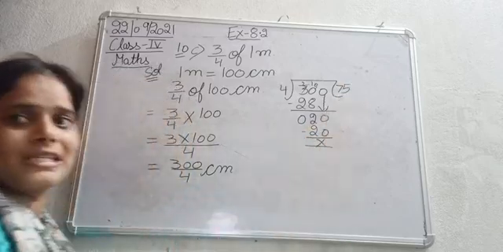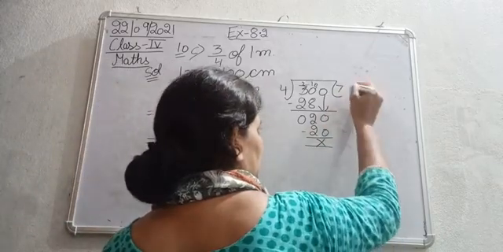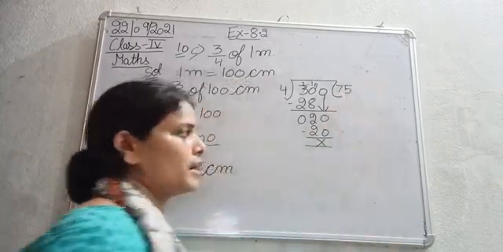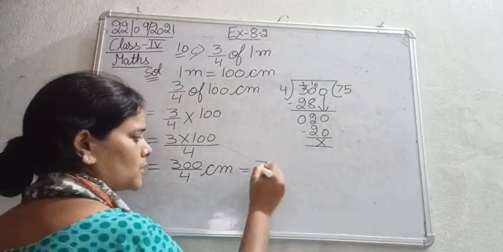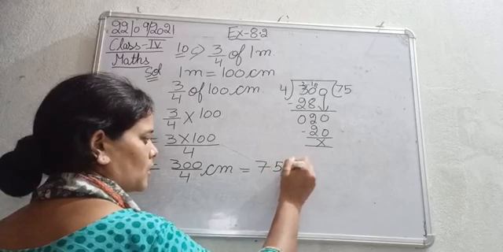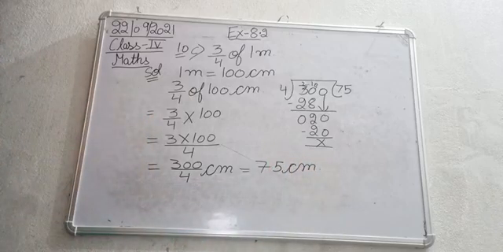So the quotient is 75. So that means 300 upon 4 is equal to 75 centimeters.